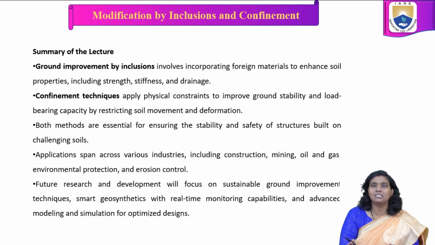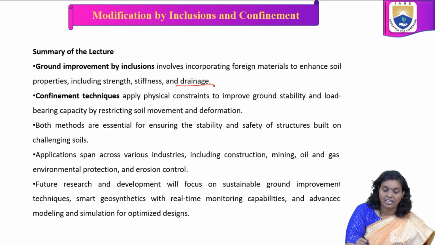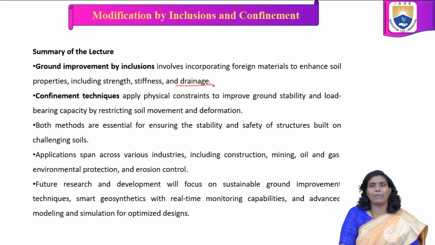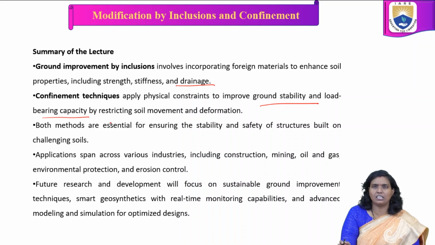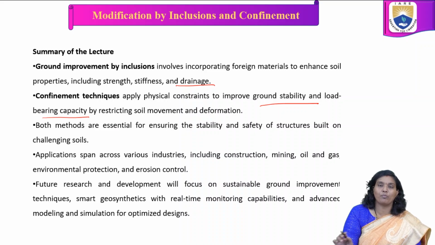Overall summary of modification by inclusions and confinement. Ground improvement by inclusions involves incorporating foreign materials to enhance soil properties, including strength, stiffness and drainage. In confinement techniques, we apply physical constraints to improve ground stability and load bearing capacity by restricting soil movement and deformation.